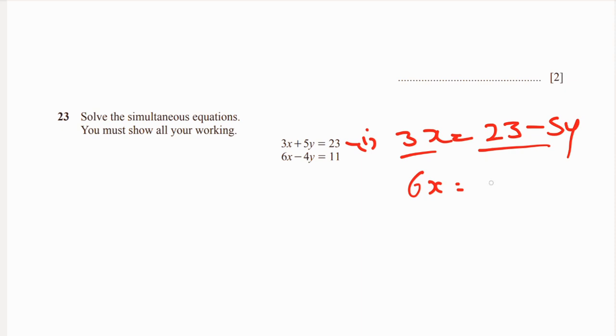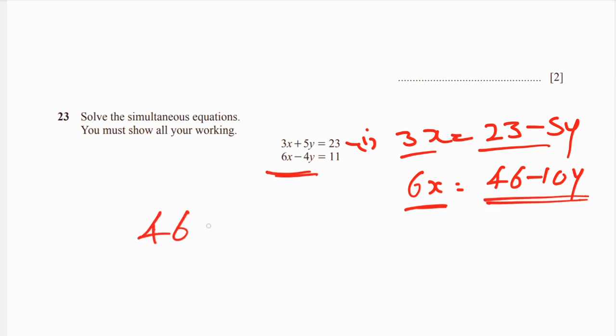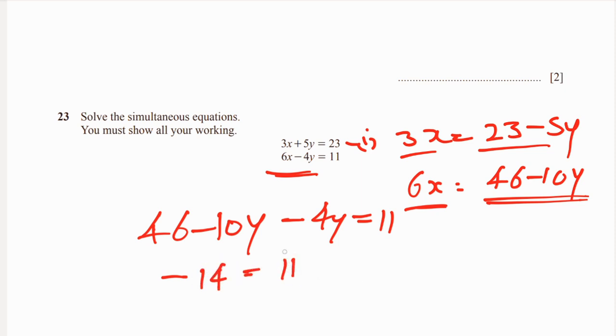Multiply by 2 here, so we multiply here by 2 also. So we get 6x is equal to 46 minus 10y. Please put this value in: 46 minus 10y minus 4y is equal to 11. So this is minus 14y. 46 goes to that side, so minus 14y is equal to 11 minus 46.